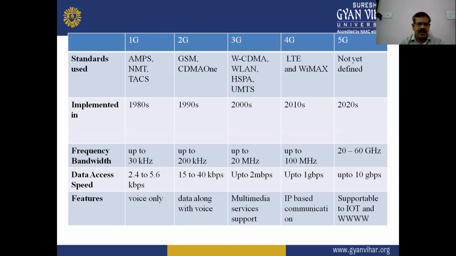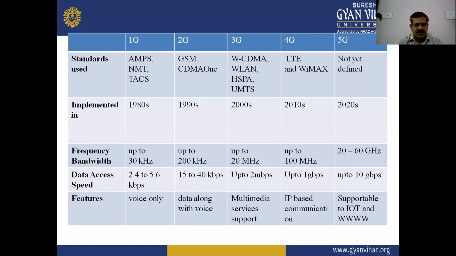Next, data access speed: in 1G 2.4 to 5.6 kilobit per second, in 2G 15 to 40 kilobit per second, in 3G up to 2 megabit per second, 4G up to 1 gigabit per second, and 5G up to 10 gigabit per second.